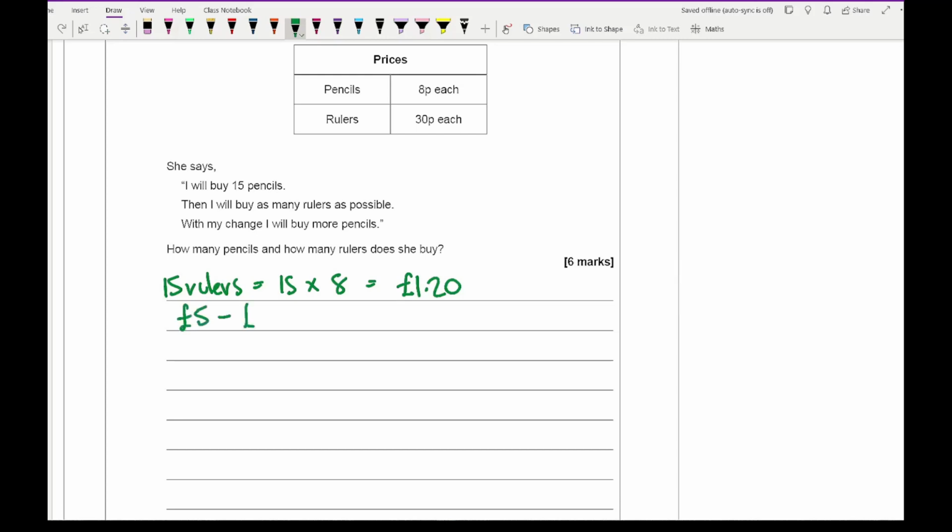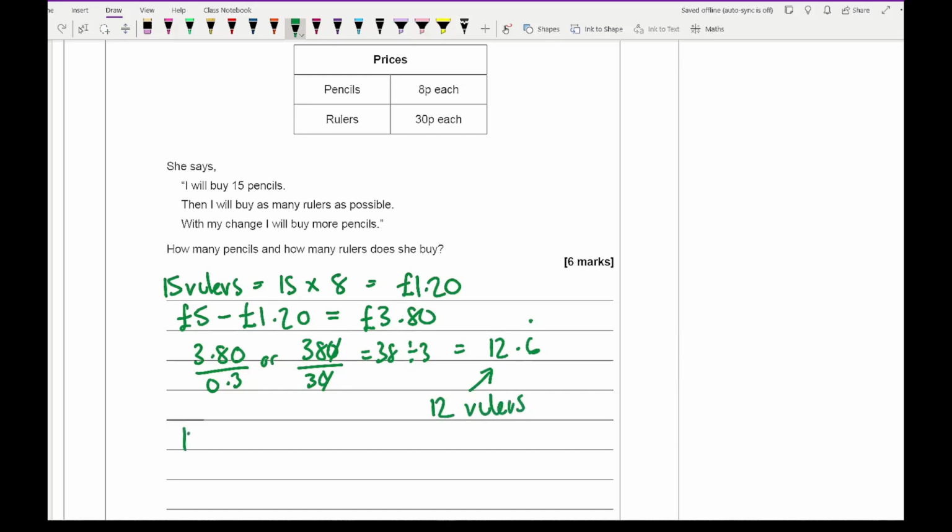£5 minus £1.20 is £3.80. We then need to see how many 30 pences go into £3.80. You could do 3.80 divided by 0.3, or you could do 380 divided by 30, which is 38 divided by 3, and that comes up as an answer of around about 12.